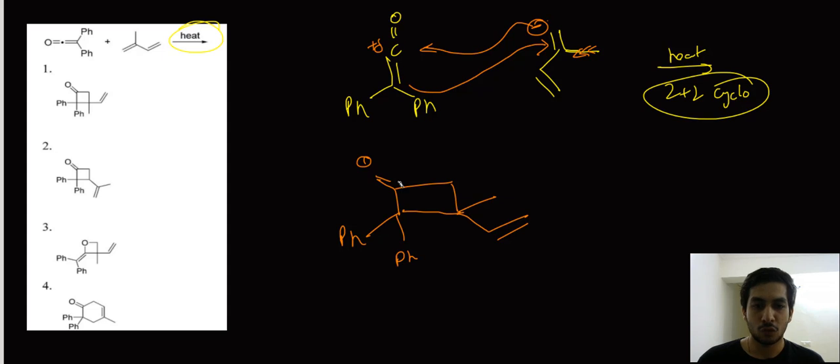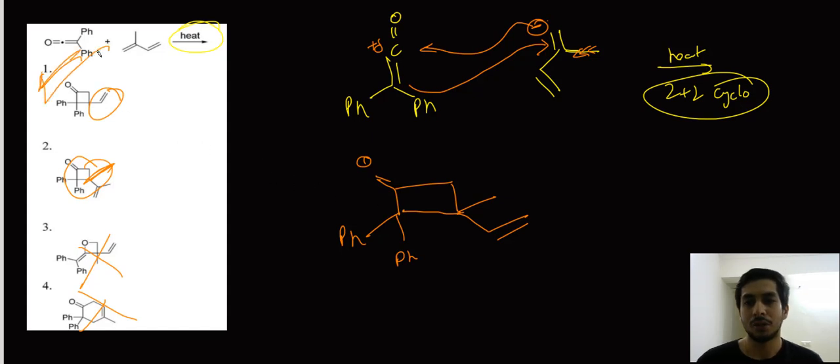If you look at the four options which resemble this, this one is definitely incorrect. Over here also this is incorrect. You can see they have not drawn the methyl; the methyl is missing in this position. Some kind of isomerization has taken place, whereas in this case we have the methyl and the double bond present. So that is why the correct answer is option number 1.